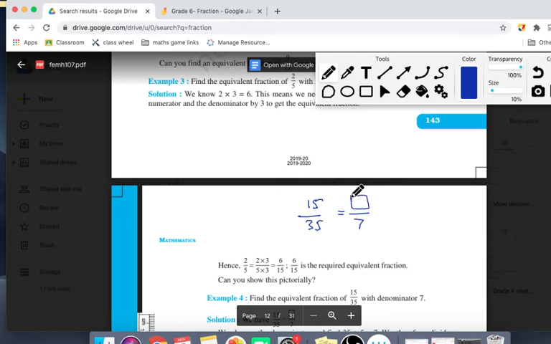So 35 को हम किससे divide करेंगे so that we will get 7 in the denominator? So yes, 5 sevens are 35, right? So we are dividing the denominator by 5, so we will divide the numerator also with the help of 5, and yes, 15 divided by 5 is 3, so 3 would be your answer here. Let's check it.